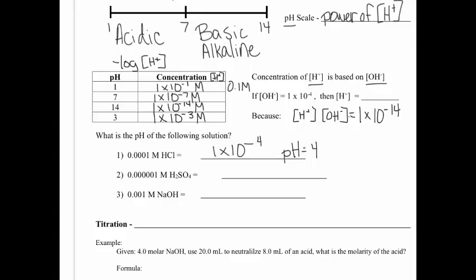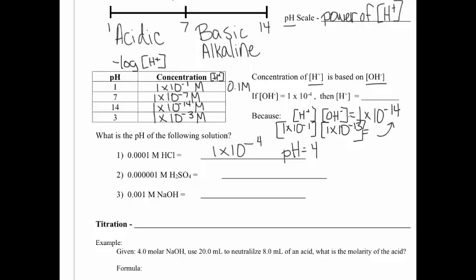And if you remember, let's say, this example here, and we were to multiply those, so you have 1 times 10 to the negative 1 for the H plus concentration. And I'm going to tell you, this must be 1 times 10 to the negative 13. That's how you would get this number here, because when you multiply numbers with exponents, you add the exponents.